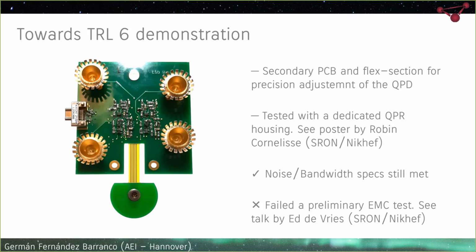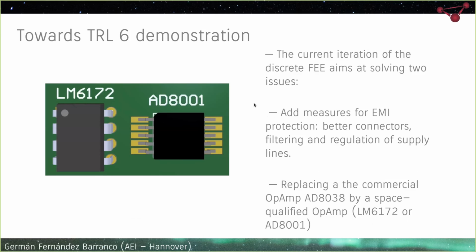So what we are trying to do now for TRL6 demonstration is to solve 2 issues. First, add some measures for EMC, for example, using better connectors and adding filtering and regulation of the power supply lines, and also replace the only op-amp in the transistor-based design, which is this low power 88038, which has some space heritage.